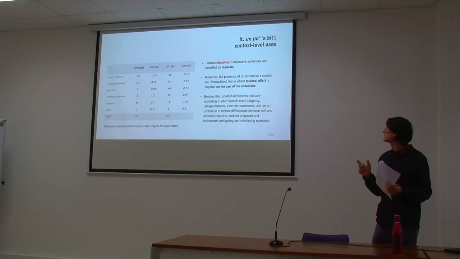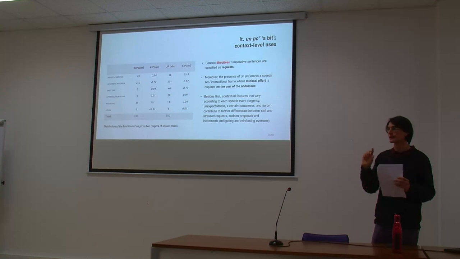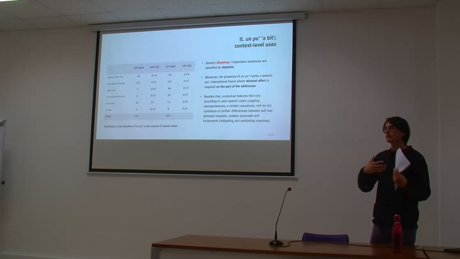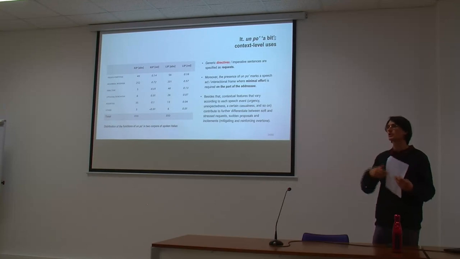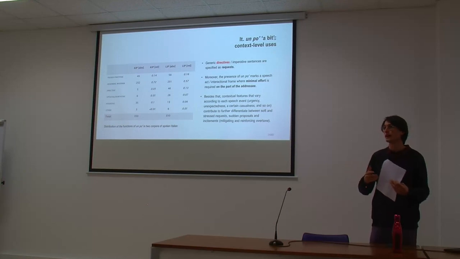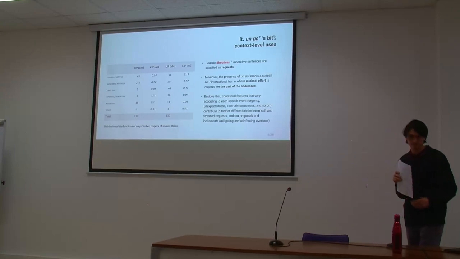And this marks a connection with the original meaning of un po', like a bit, something, which is however transferred to the speech act level, and in this sense it marks a speech act where the speaker underlines the fact that the addressee doesn't need to put a lot of effort to achieve the requested action. And besides that, there are other contextual features that can give a mitigating or reinforcing overtone to the speech acts.